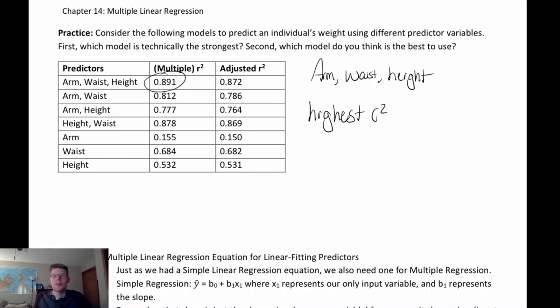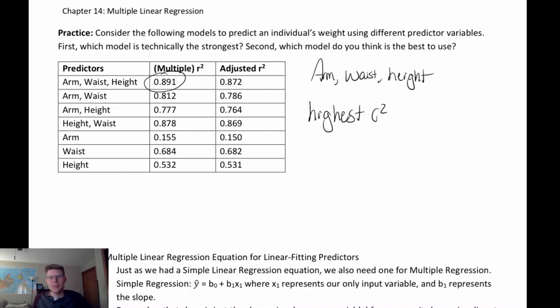It has the highest R-squared value. It is explaining the most variability, and that's always the case: assuming we're looking at the same set of predictors, the model that includes all of them will technically explain the most variability in our particular sample of data.